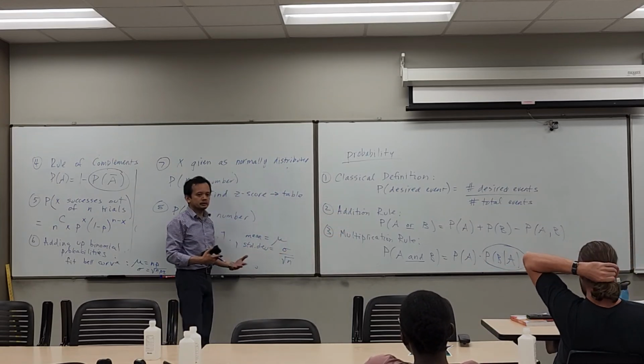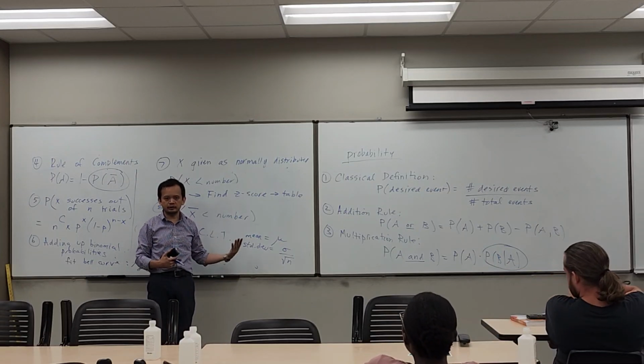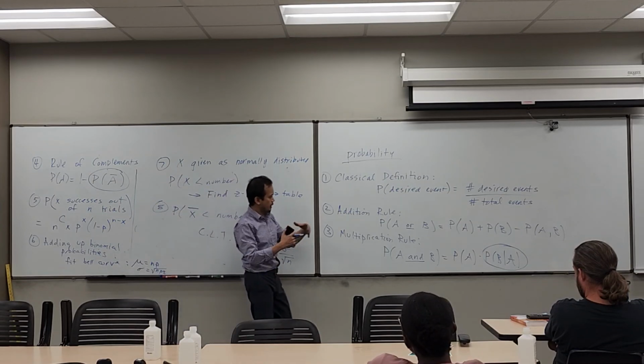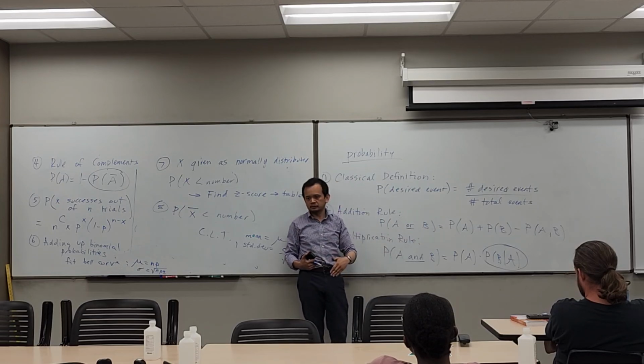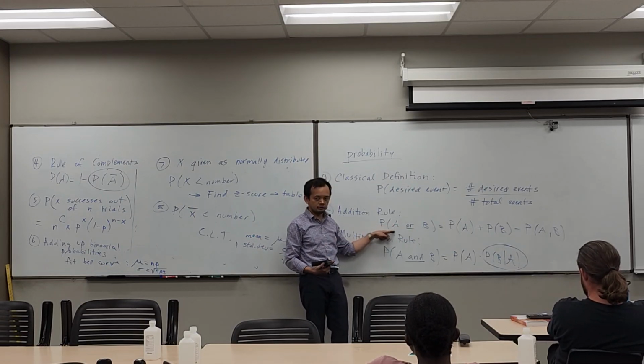And just because it's applicable and you can use it doesn't mean it'll be helpful for you to use to actually solve the problem. Because sometimes, if you have a probability that has a whole bunch of ors, mathematically, yeah, you could use the addition rule, but you might find yourself adding up hundreds of probabilities, in which case it's not feasible for you to use this rule, even though it would work and give you the right answer.